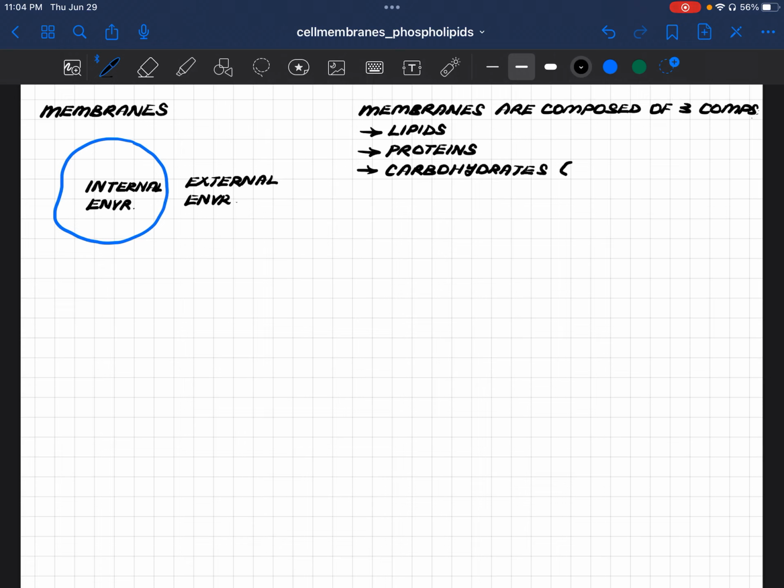And these carbohydrates can be found usually attached to lipids or proteins. The carbohydrates that are attached to lipids are called glycolipids.